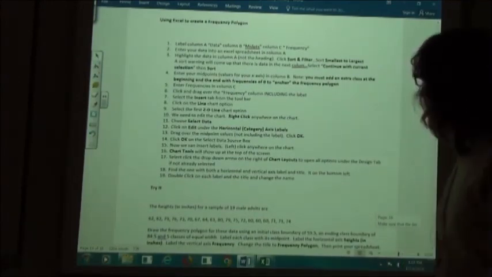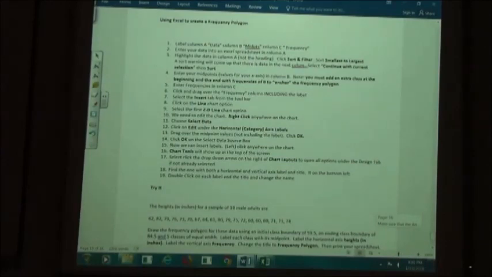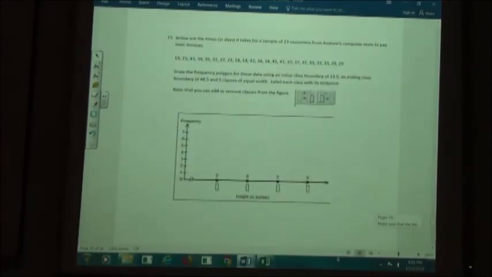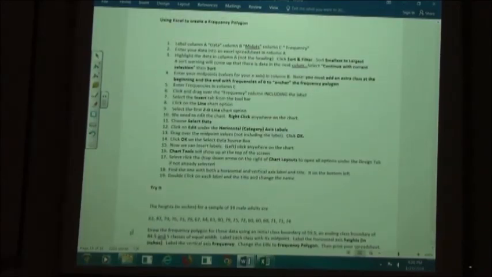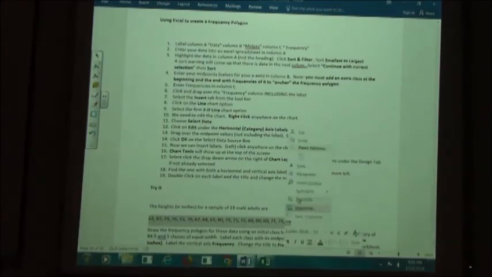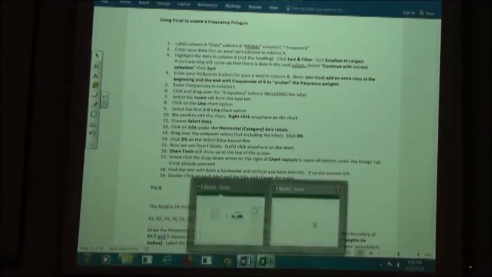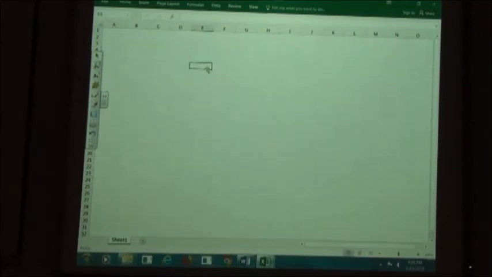So, going back over to Excel. Did I use the same numbers? Probably not. Let me copy those. So, put your numbers there in Excel. 62, 82, 79, 76.